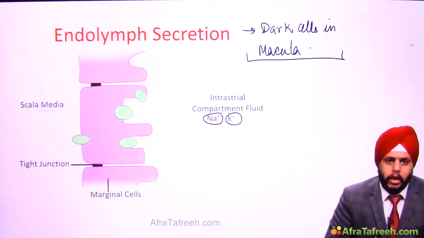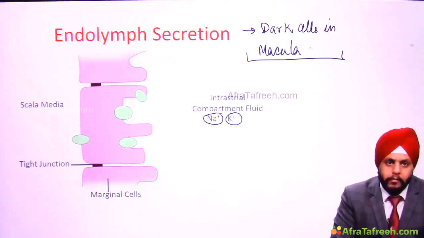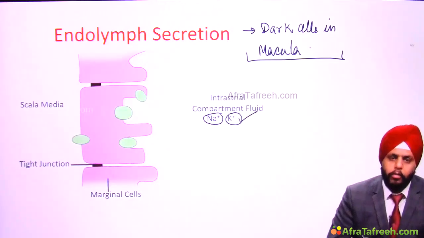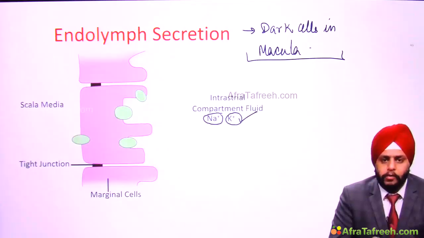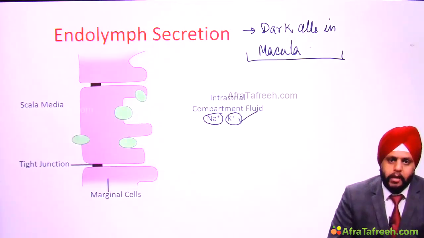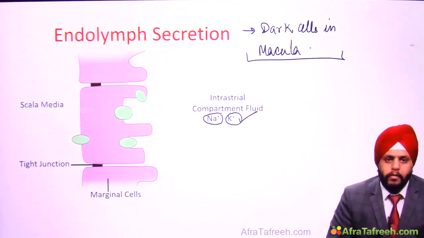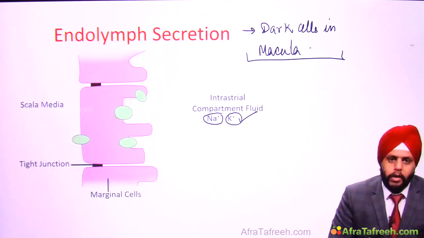So marginal cell is our dance club. He says, let's go to a club, we'll go and have a good night over there. But the potassium says, I don't want to go to a dance club because there are a lot of boys over there. So sodium tells her, I know a club which is full of girls, so let's go to that club. So sodium and potassium go to this club.